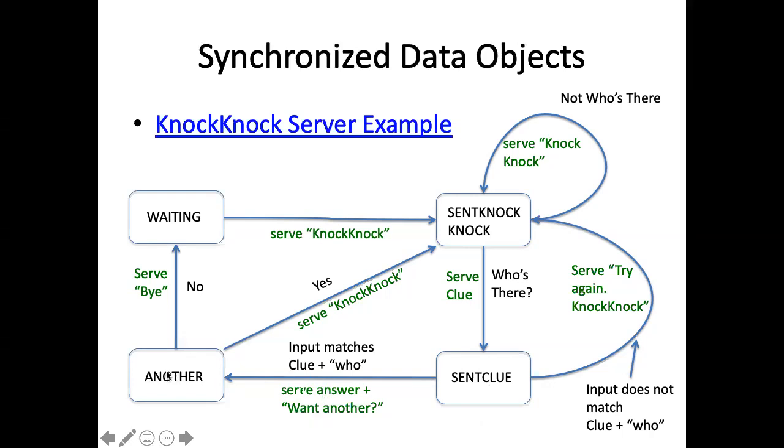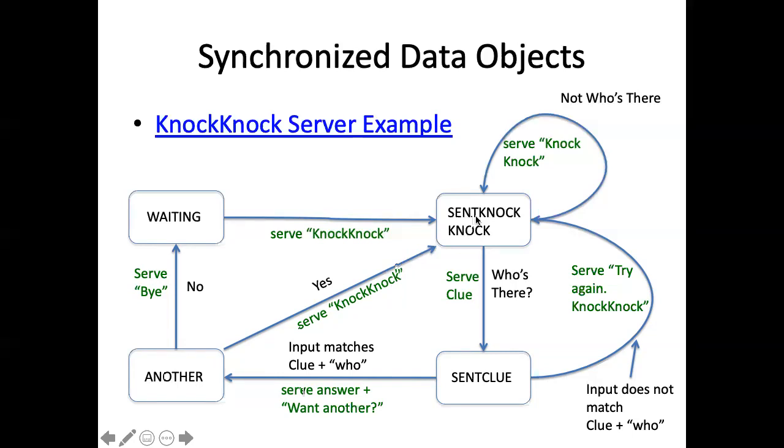And we enter the another state. If the client says no, we say bye. We actually do not go back to the waiting state. We're going to exit, but I guess we reset our state to waiting. If the client says yes, we send the knock knock string to the client and re-enter this state.